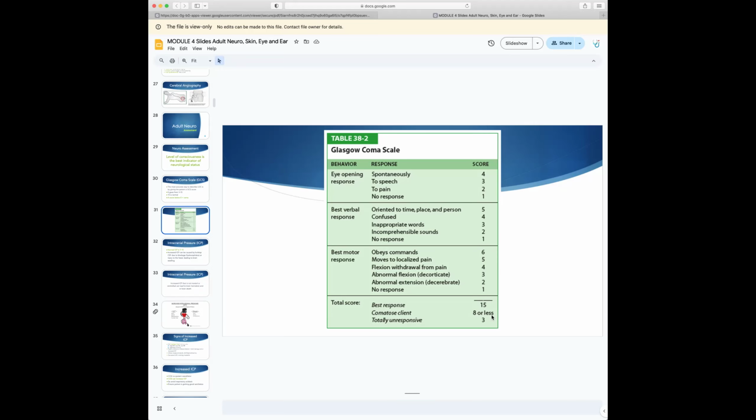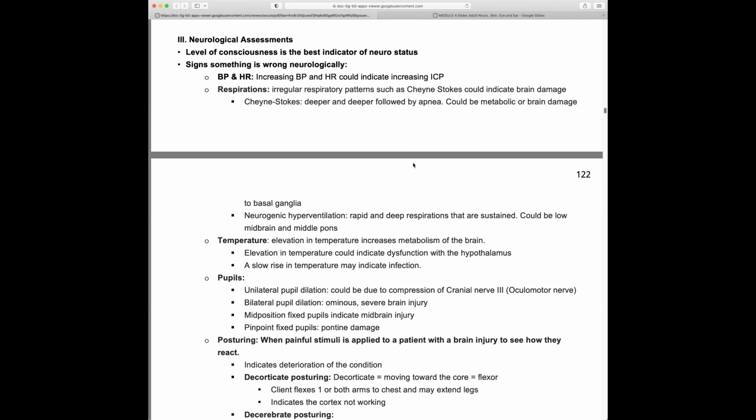So next class is going to be very, very heavy. It's going to be a lot. We're going to start learning about the diseases of the neurological system. And so it's not a lot of medications, but it's a lot of having to understand why the disorder happened and the symptoms that come from it.